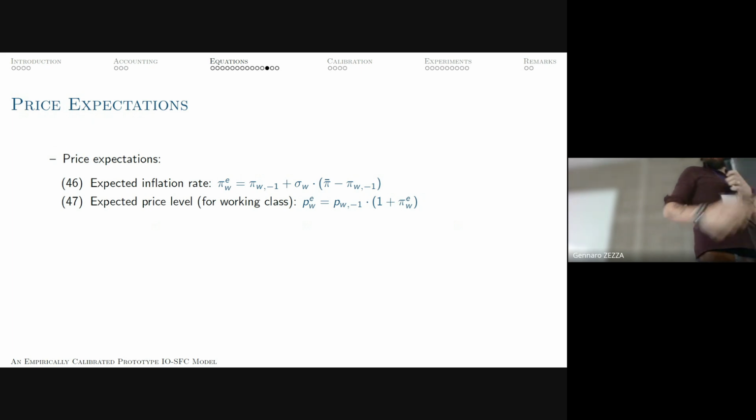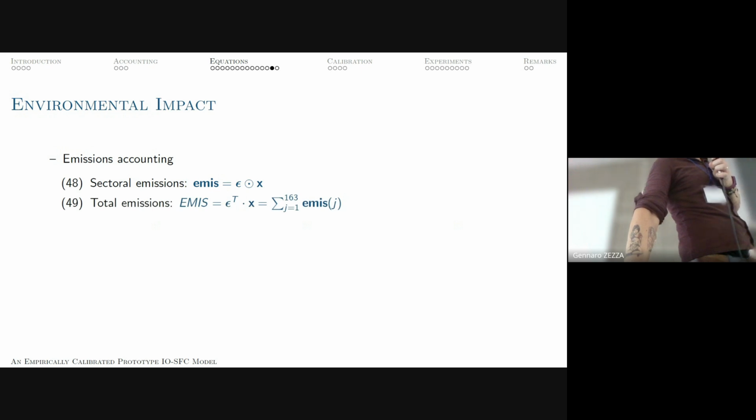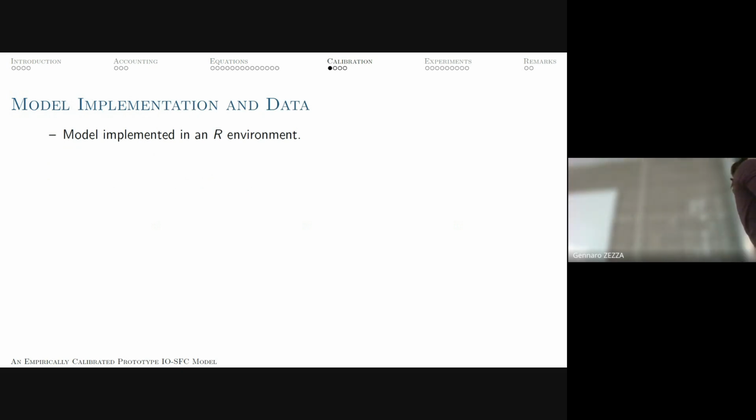So they are defined using a regressive mechanism. Emissions and other environmental variables are calculated in a very simple way, by using the coefficients which can be derived from the standard data sets.